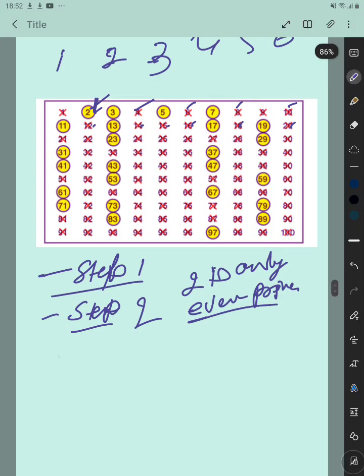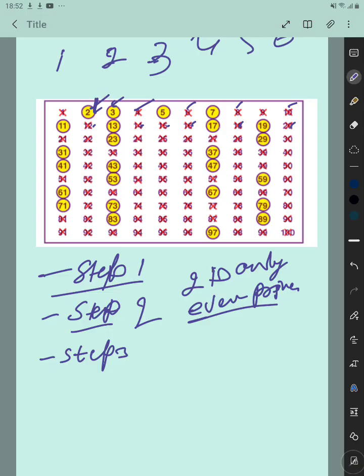Now what is step 3? Step 3 starts with dividing by 3. The numbers that remain after crossing out the multiples of 2, we'll start with 3. 3 itself is a prime number, since it has only two factors, 1 and 3, so it's circled.